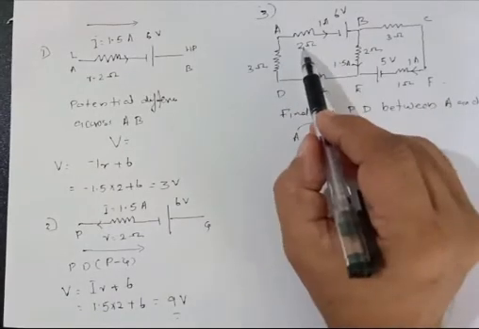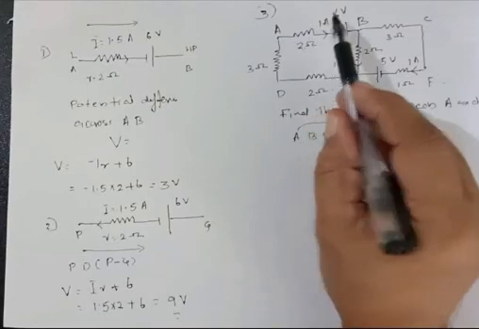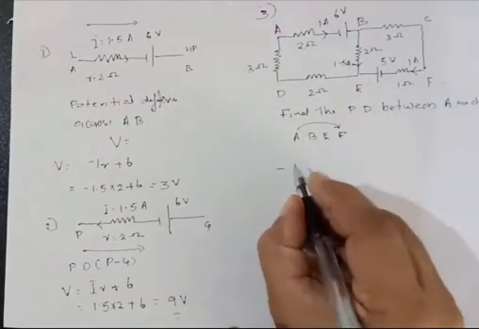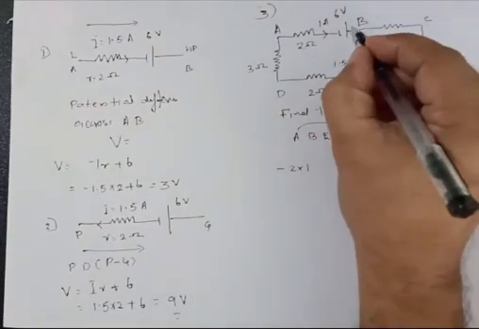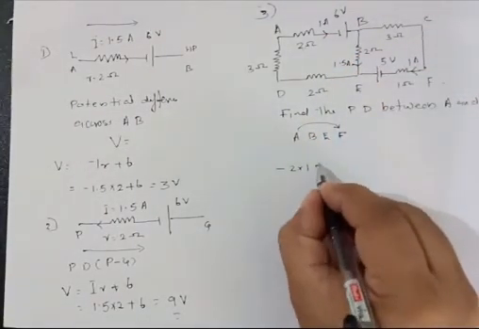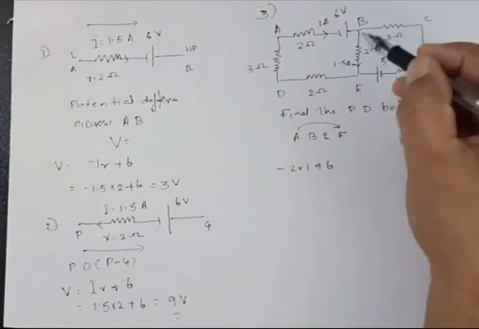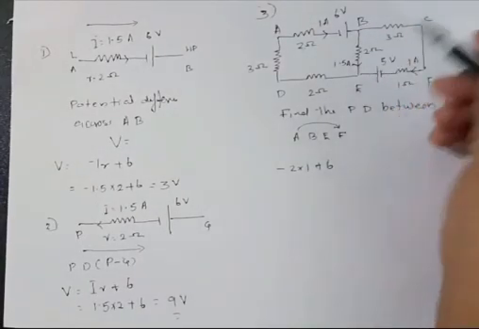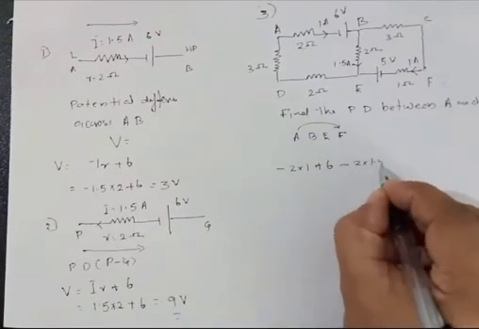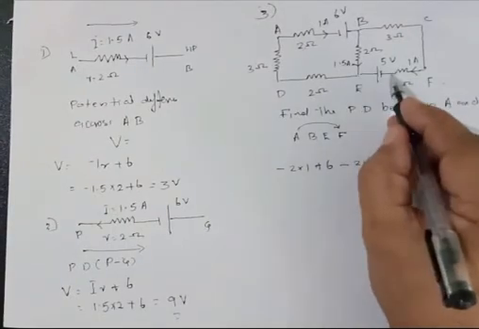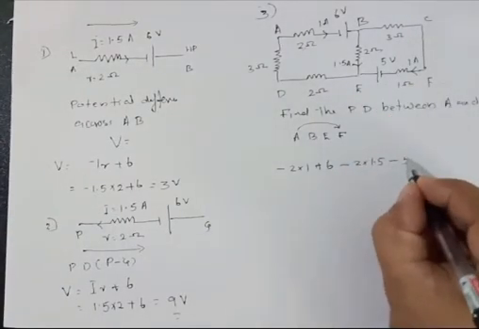From here to here, this is 2 ohm, it's in the direction of the current, so this is minus 2 times 1. Here the destination is positive, so it will be plus 6. Then from here to here, it's in the direction of the current, so it will be again negative, so minus 2 times 1.5. Then from here to here it is negative because the destination point is negative, so minus 5.